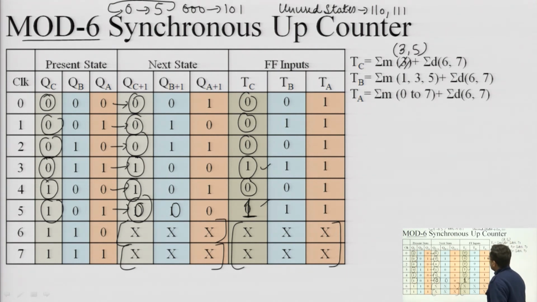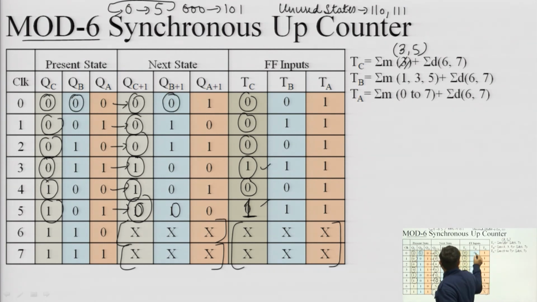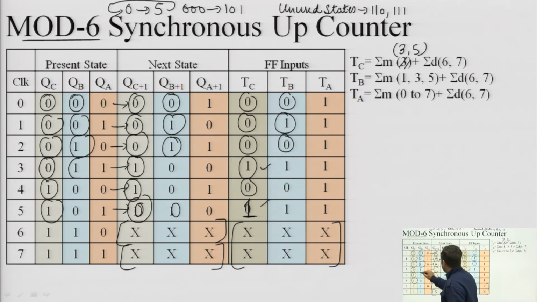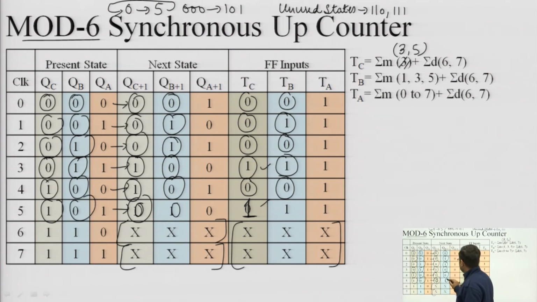Similarly, for TB, 0, 0, 0, 0, 1, 1, 1, 1. Here 1, 1 is 0, then 1, 0 is 1, and the remaining are 0.